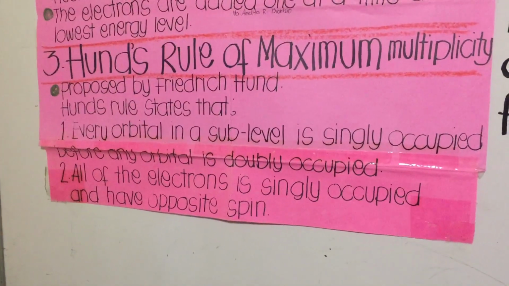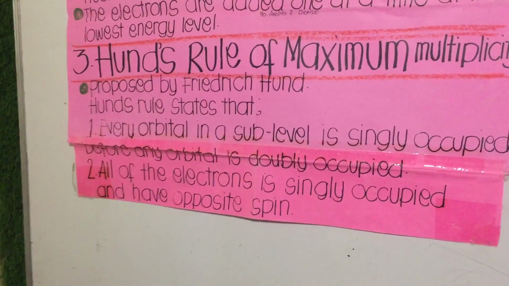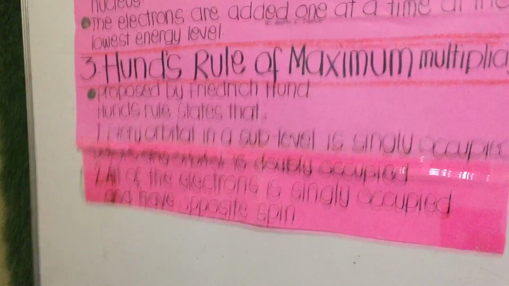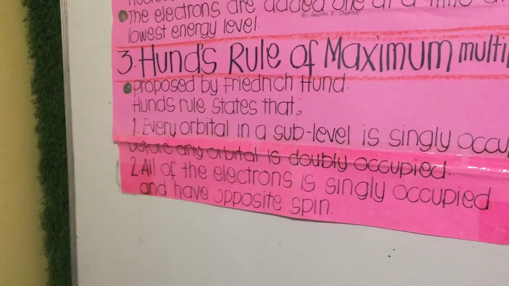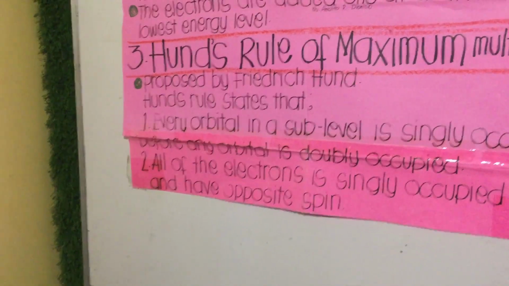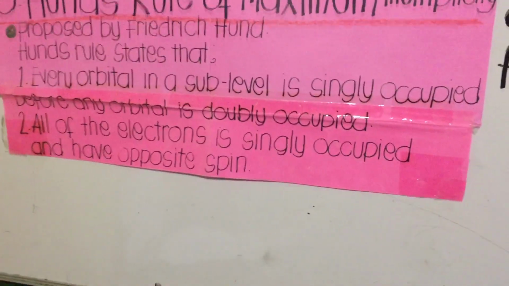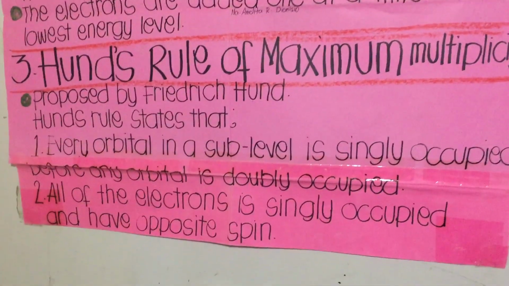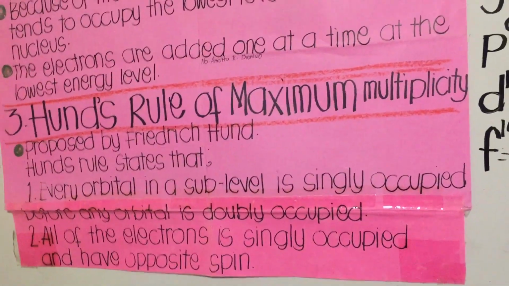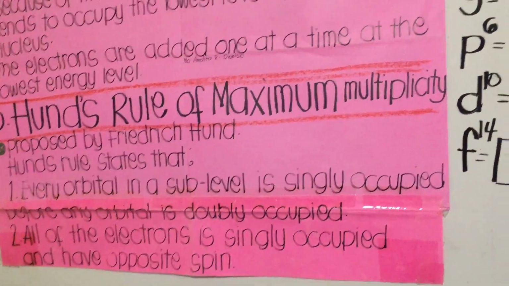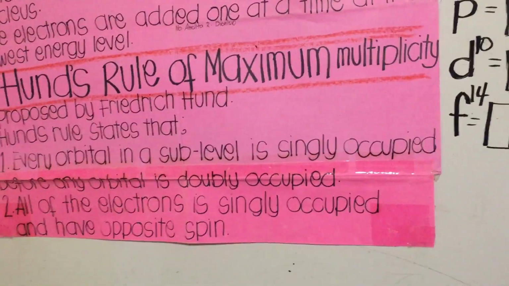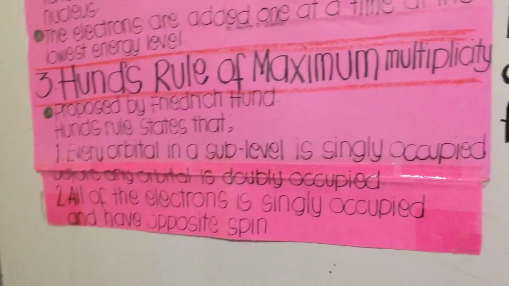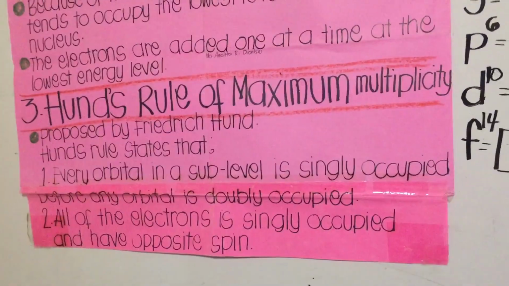It is proposed by Friedrich Hund, and he said that a single electron with the same spin must occupy each orbital in a sublevel before they pair up with an electron with an opposite spin. So every sublevel must be occupied singly. It is like in sungka: you put one in each hole first before you add a partner. That is Hund's rule of maximum multiplicity.